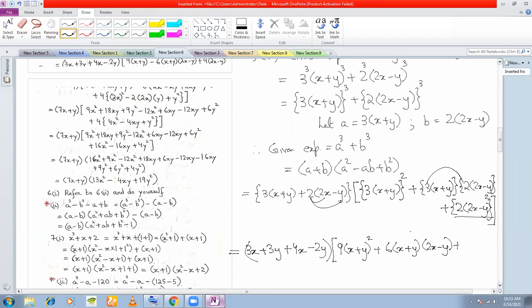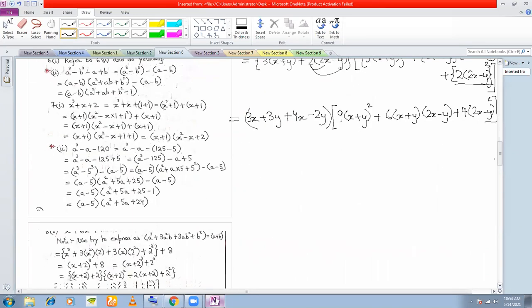Plus, and here you have twice 2x minus y whole square, so this becomes 4 times 2x minus y whole square, and close the box bracket. Next, 3x plus 4x will combine to give you a 7x. 3y minus 2y will combine to give you a plus y. And here you expand by the a plus b whole square formula, which is a square plus 2ab plus b square.